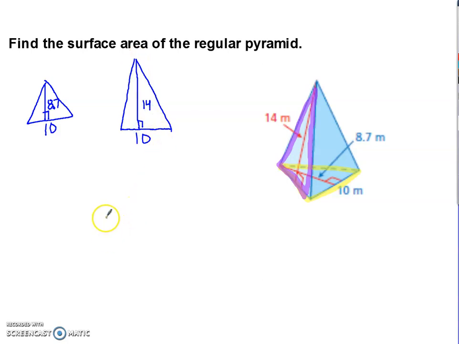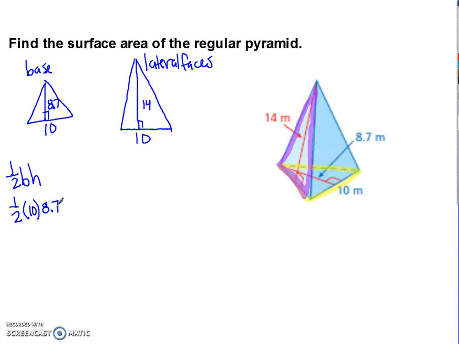So these are our 2 pieces. We've got the base, and this one is the lateral faces. All right, now we're going to find the area of both pieces and add them up. So both triangles, 1/2 base times height.